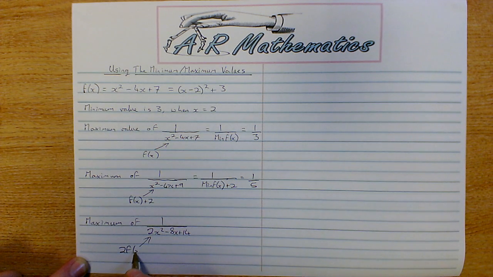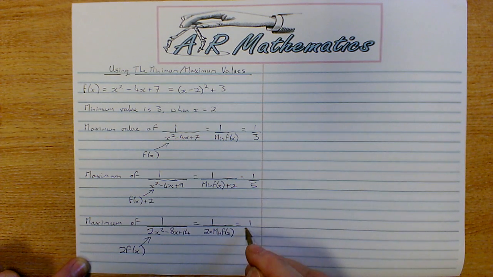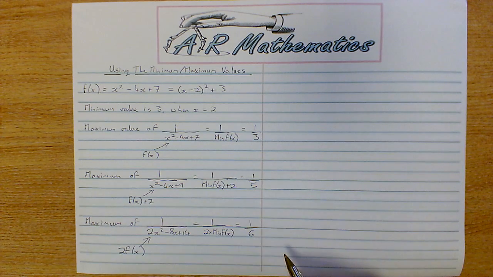So this is 2 f of x. So if I want to find the maximum of this, I want to be divided by as small as I possibly can. So I need this f of x to be as small as possible. So I'm going to be doing 2 times the minimum value of f of x. The minimum value of f of x was 3, so this is now 1 over 6.